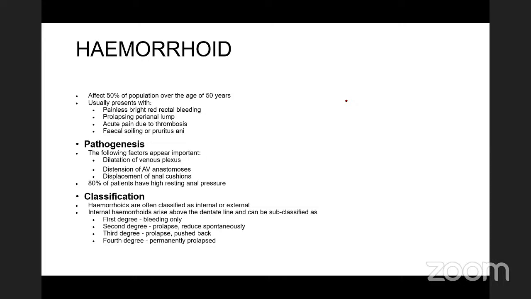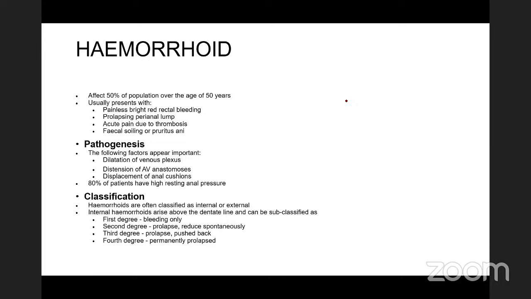We won't go into that, but we'll just take this brief summary. Of all, what is widely accepted is the prolapse or displacement of anal cushions. 80% of patients have high resting anal pressure.